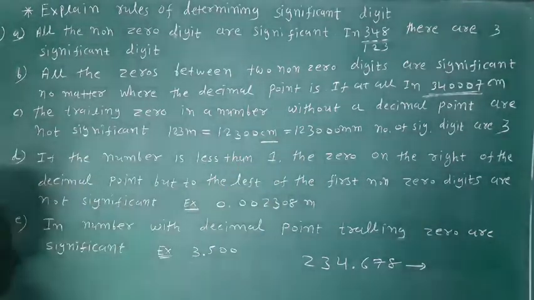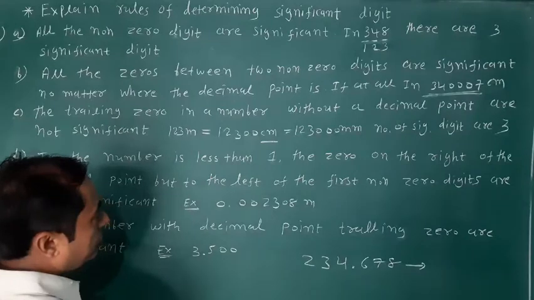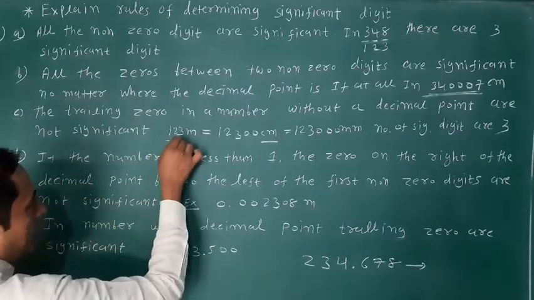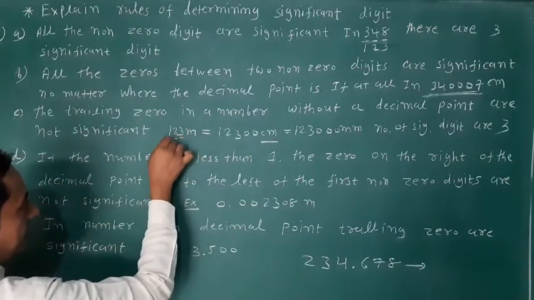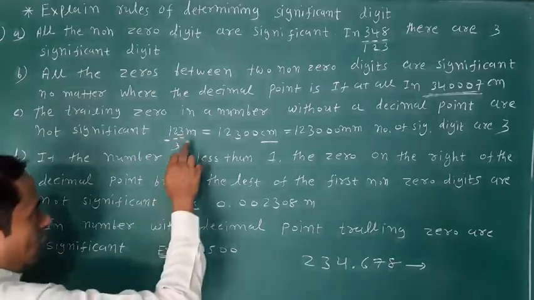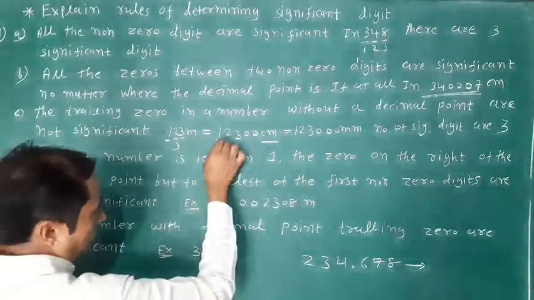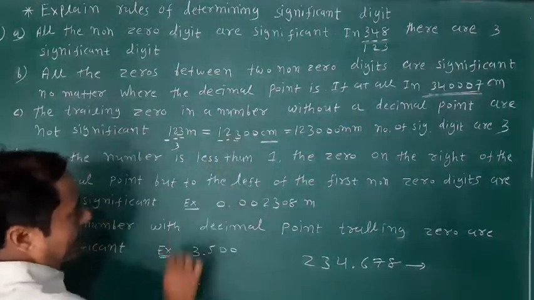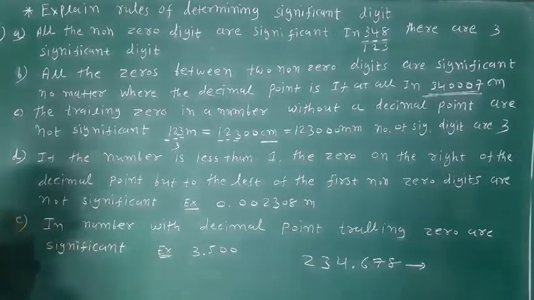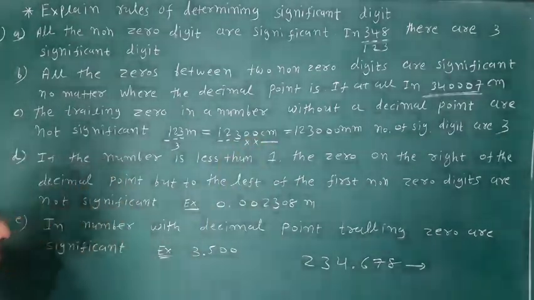So multiply by 100, means 12300. Here we have 3 significant digits. Here 1, 2 and 3 are significant digits. These zeros are not significant digits.